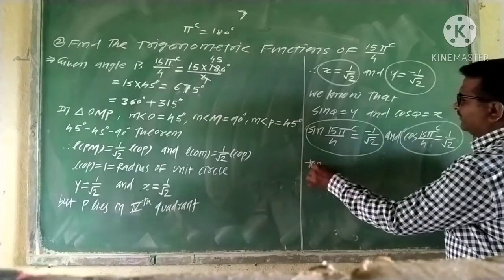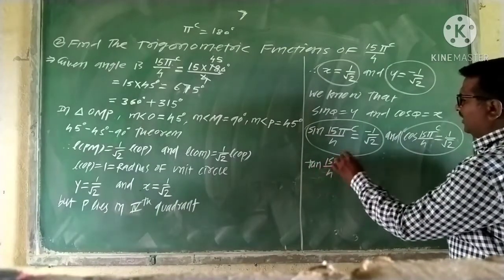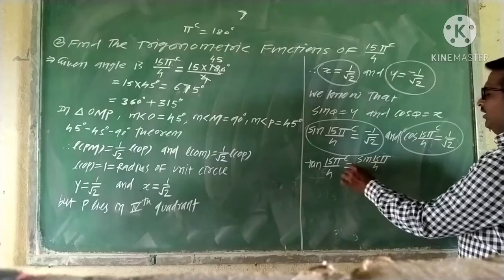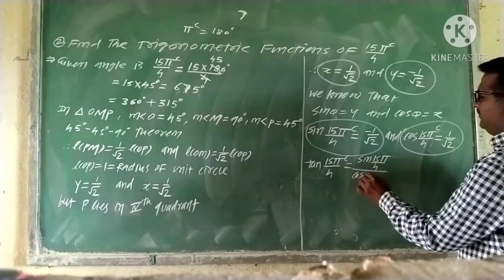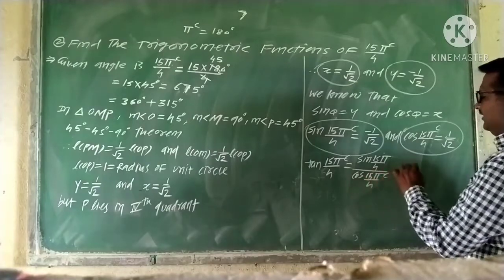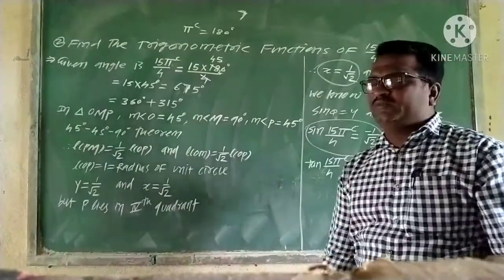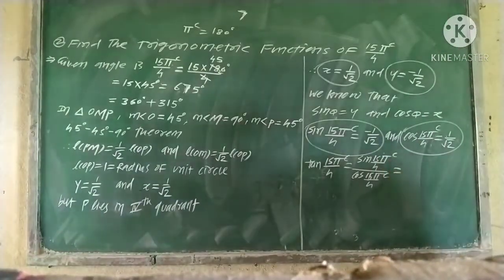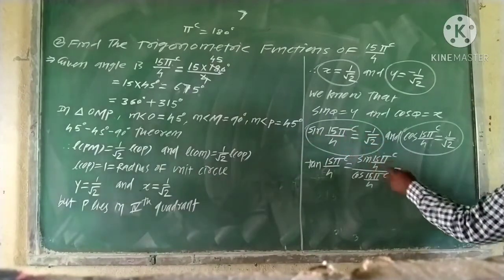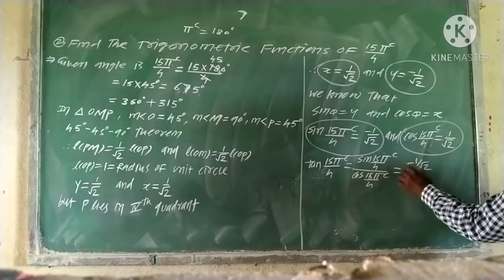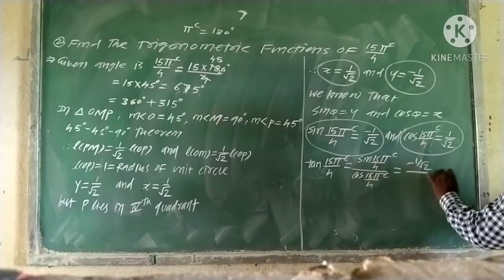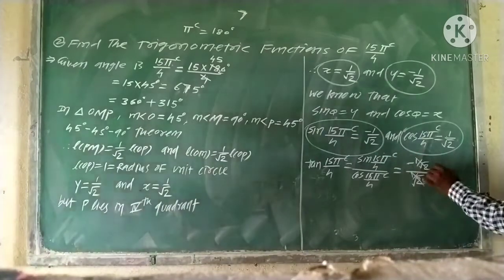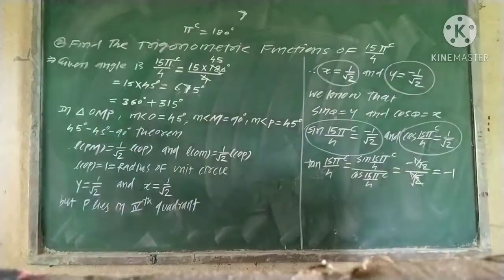Tan of 15 pi divided by 4 radian equals sine of 15 pi divided by 4 divided by cos of 15 pi divided by 4, because tan theta equals sine theta divided by cos theta. Putting in the values, minus 1 upon square root 2 divided by 1 upon square root 2, the square root 2 cancels, and this equals minus 1.